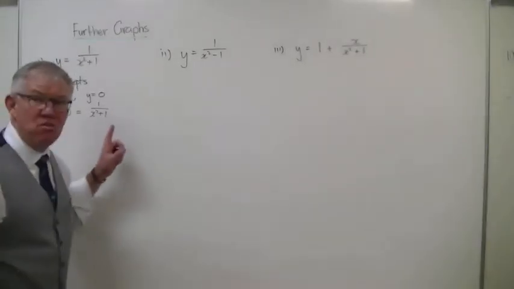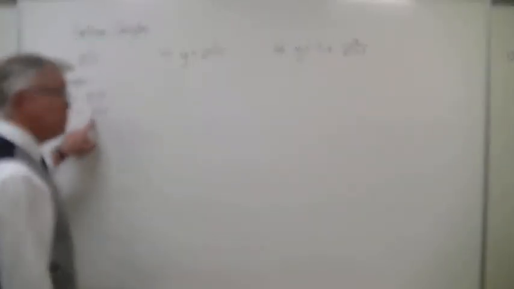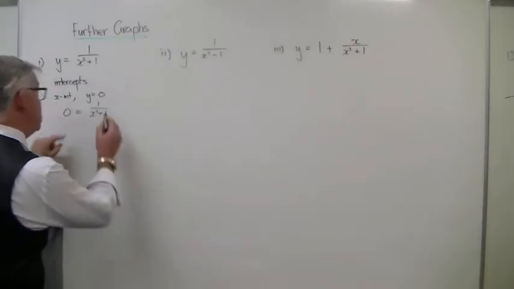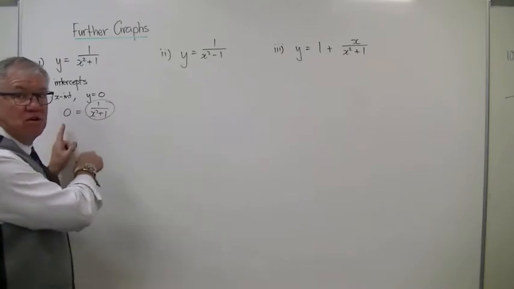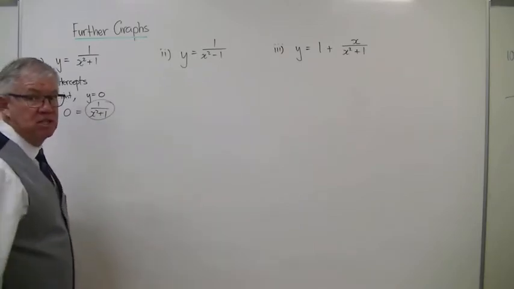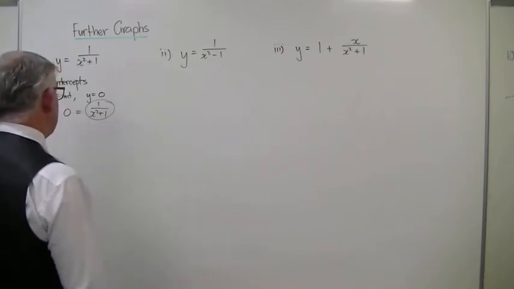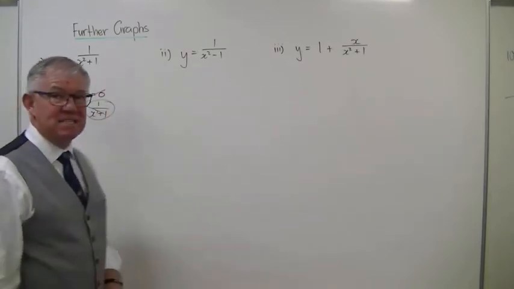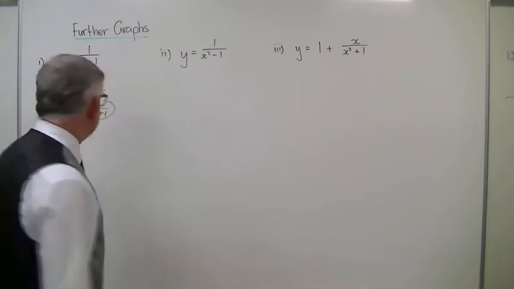There is no value of x that we can put into this expression that will make this part equal to 0. And so that means there is no x-intercept. It doesn't intercept with the x-axis at all.